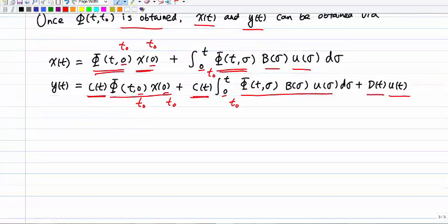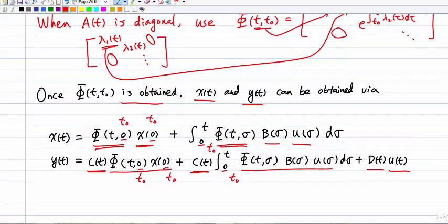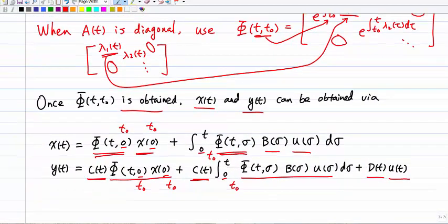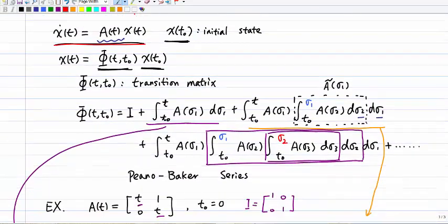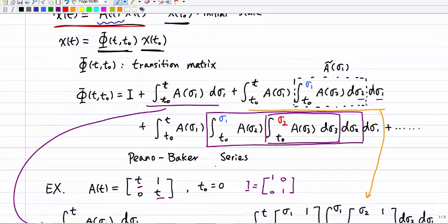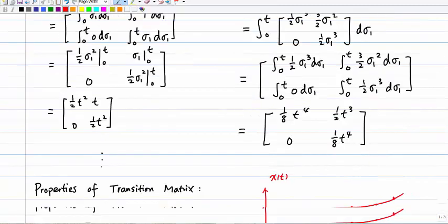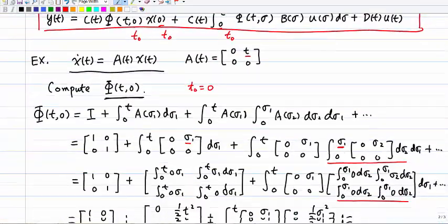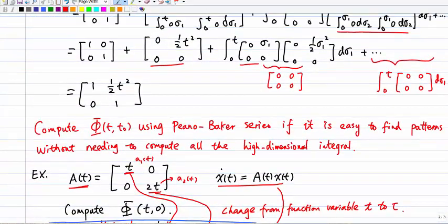To summarize, generally to compute a solution to a linear time-varying system, we first have to compute the transition matrix. Once we compute it, we can use it to compute the solution x(t) and y(t). To compute a transition matrix, typically we either use the definition via the Peano-Baker series I mentioned over here, which requires that at a certain point we can find a pattern, like I mentioned, one for the high dimension integral.